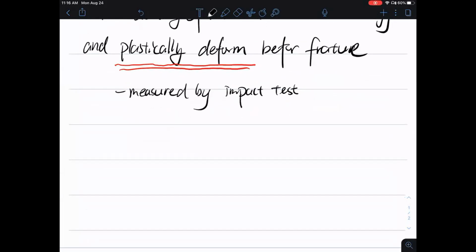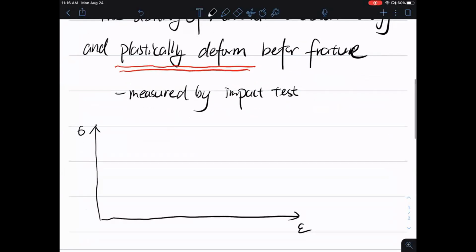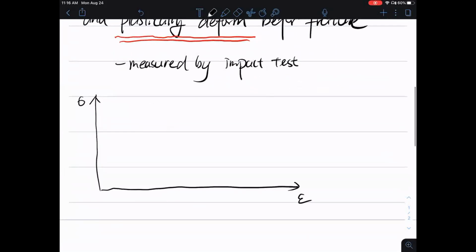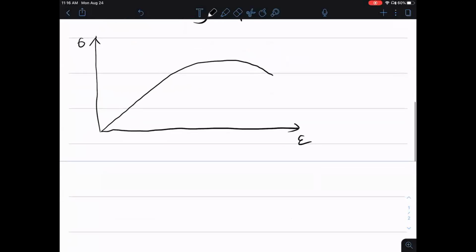Okay, and from your stress-strain curve, you can find out this toughness easily. If this is the stress-strain curve of a material, the toughness is just the area under the curve. That's it.